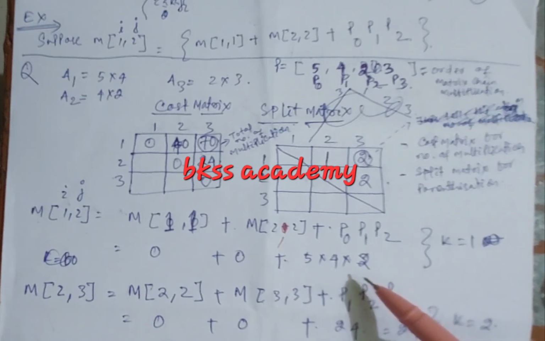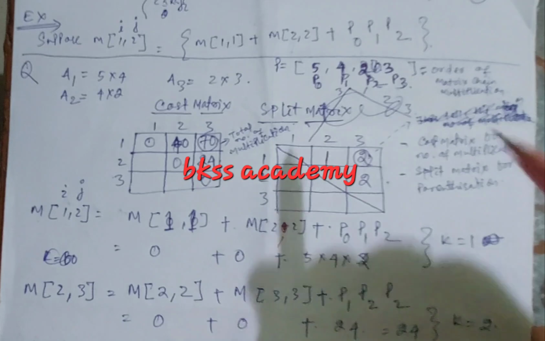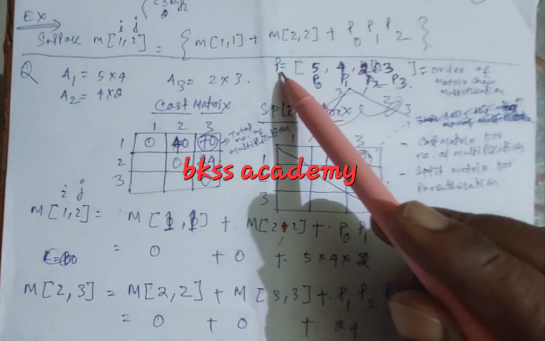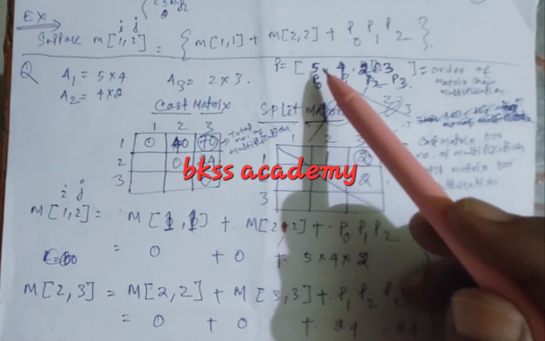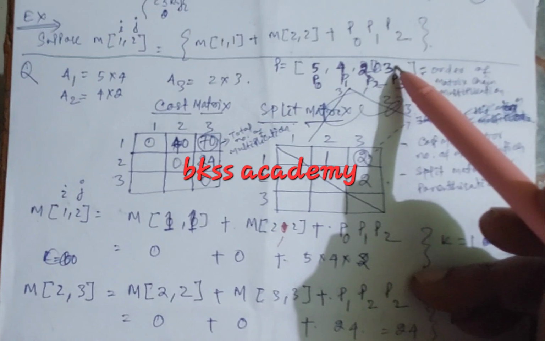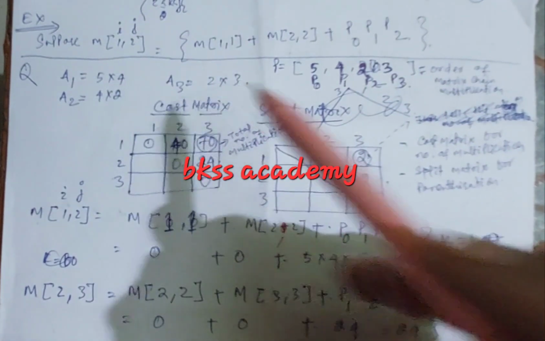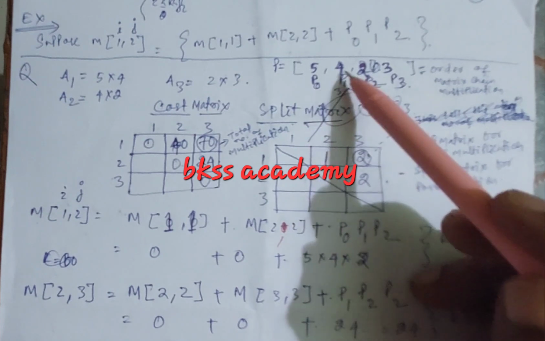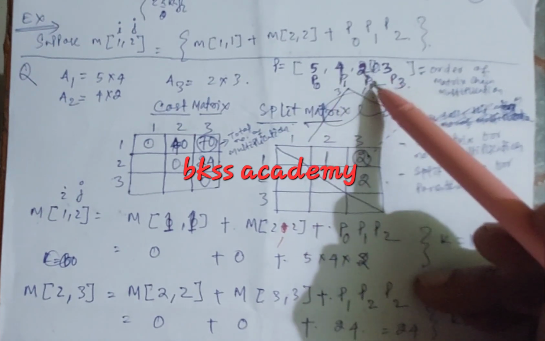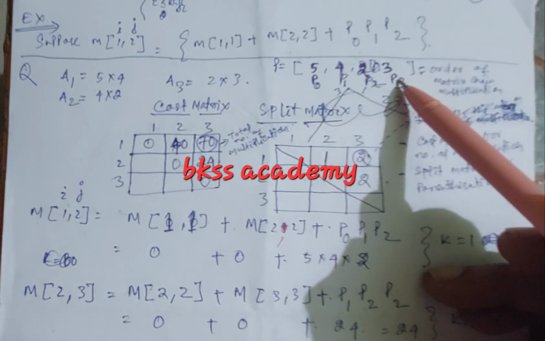We have p equal to 5, 4, 2, 3. From this, p0 is 5, p1 is 4, p2 is 2, and p3 is 3.